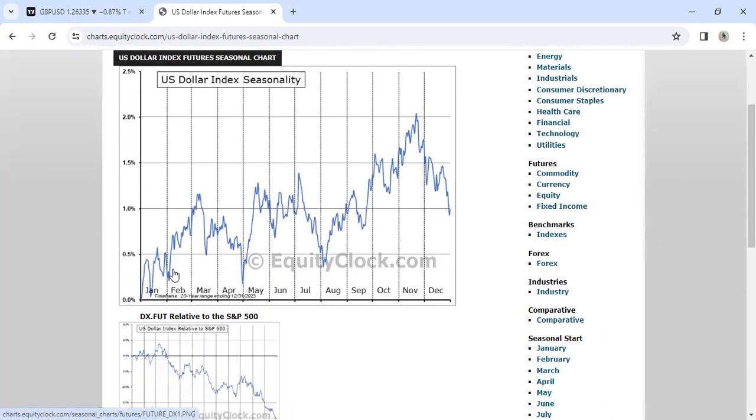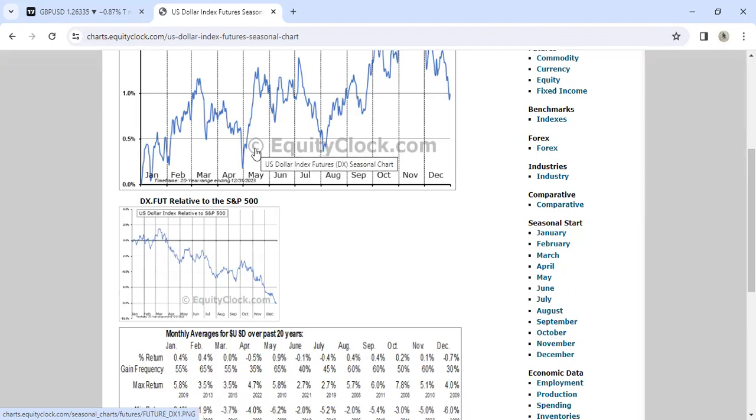So based on what I can see in February, that's based on the seasonality. Seasonality refers to a 20-year time period, an analysis of what happens to the dollar over the last 20 years.